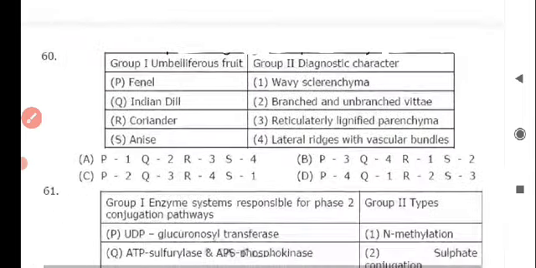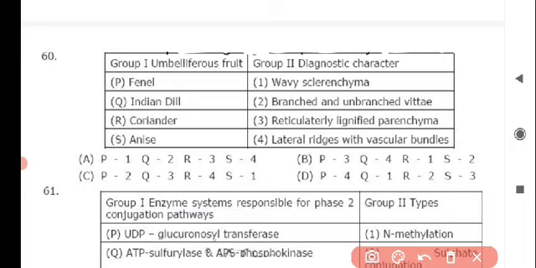Moving to next question. For the next question, group 1 contains umbelliferous fruits and group 2 contains the diagnostic character. For the first option, that is fennel, the correct option is option number 3, that is reticularly lignified parenchyma.